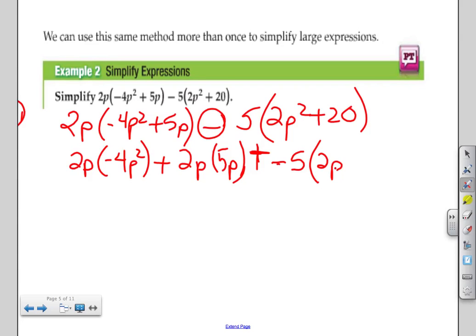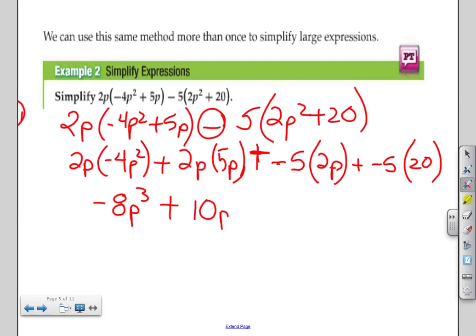So negative 5 times 2p, and then plus negative 5 times 20. All right, and now we simplify that, multiply this out, we get negative 8p to the third plus 10p squared plus negative 10p.